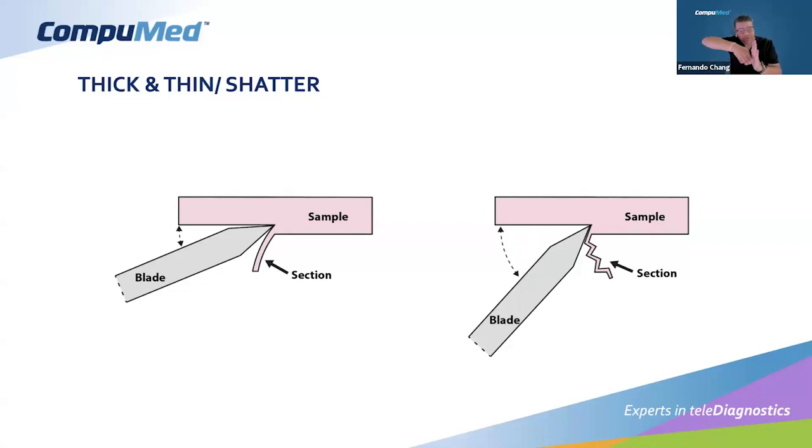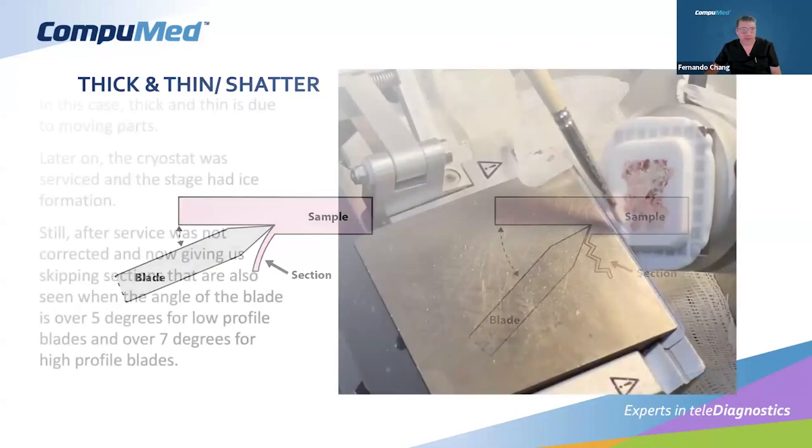The presentation of the blade is more towards 45 or 90 degrees, exaggerating that, of course. So the blade is going to start jumping, and that's what we see, that wavy pattern on the sample. And the section obviously is going to have this wavy pattern as well.